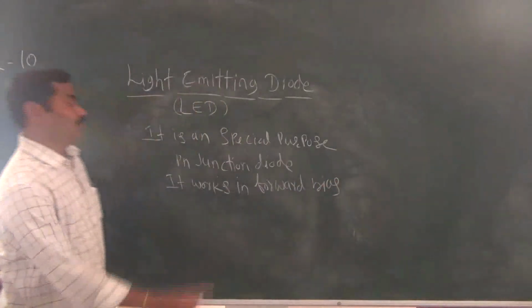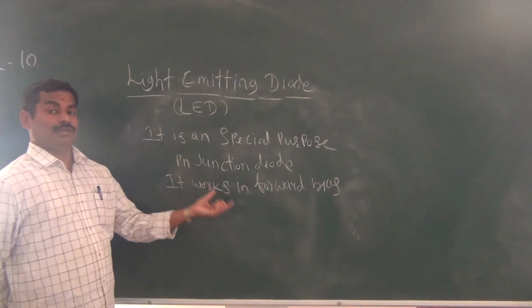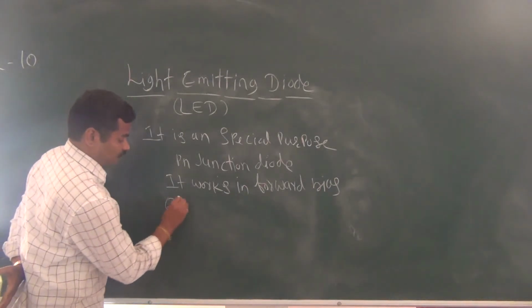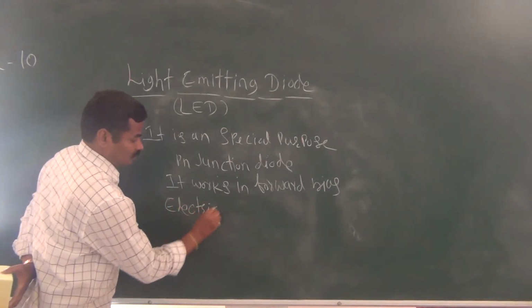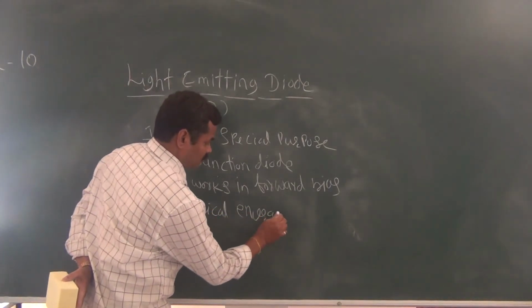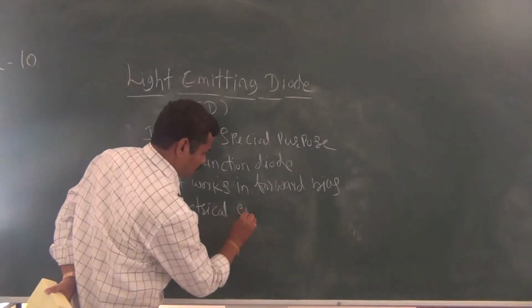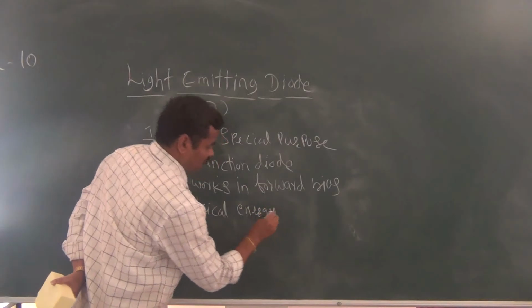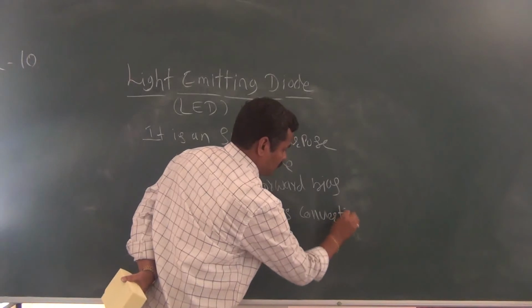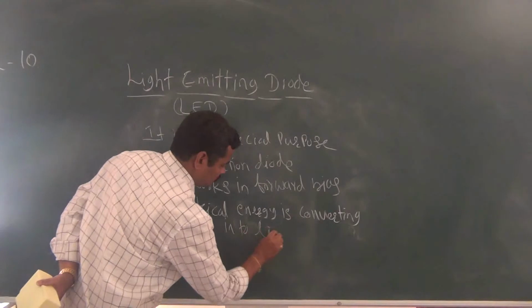And here it is the reverse of the photodiode. Here what happens? The electrical energy is converting into light energy.